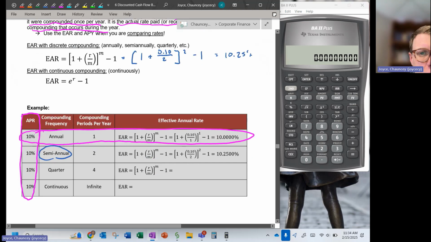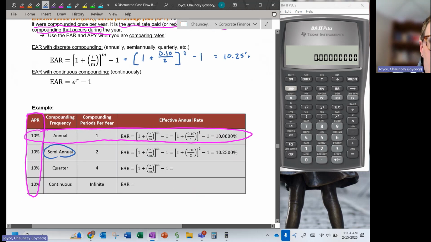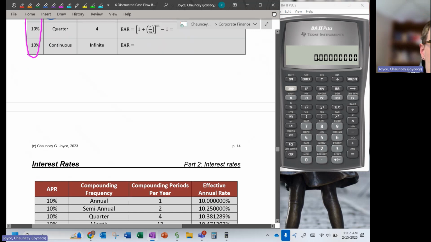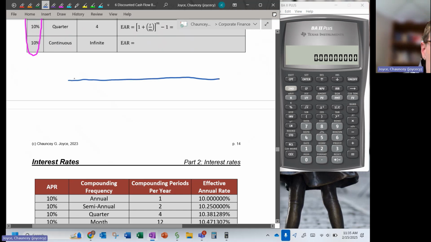I like to think of these also on a timeline. Let me just rewrite this portion here. That's 1 plus 5%, squared. So the way to think of this is, if there's compounding once in a year, if this is time 0 today and this is 1 year from now, and you're starting with $100 and there's only one compounding, you'll be left with 110.